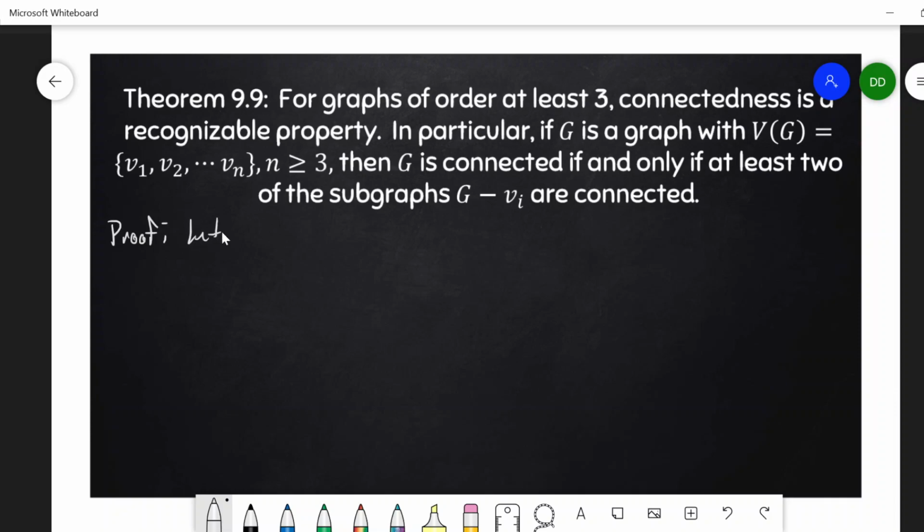I want to prove first that if G is connected, then at least two of its vertex-deleted subgraphs are connected. Let G be connected. Remember that if a graph is connected, there are at least two vertices that are not cut vertices, because there's a spanning tree, and every spanning tree has at least two leaves.